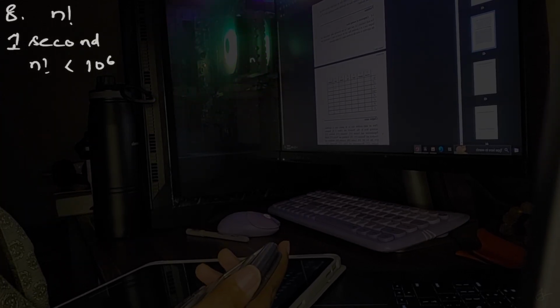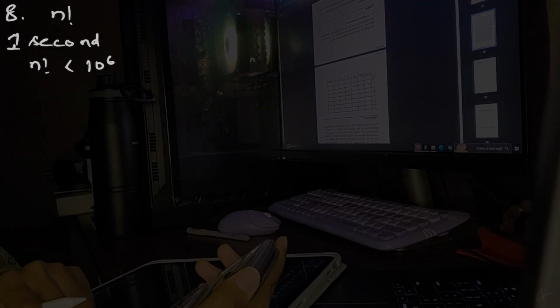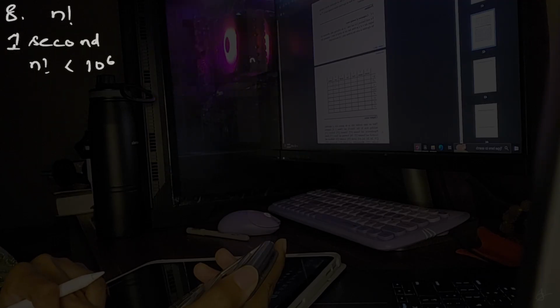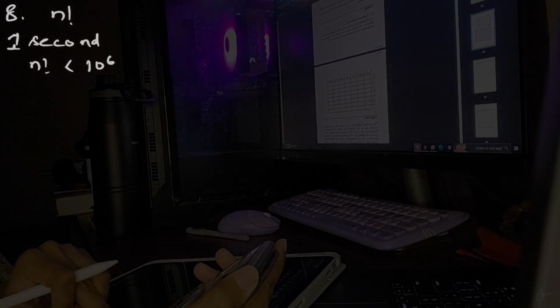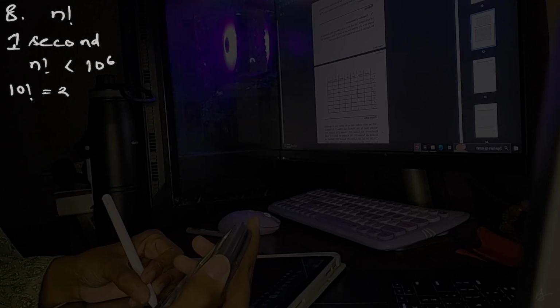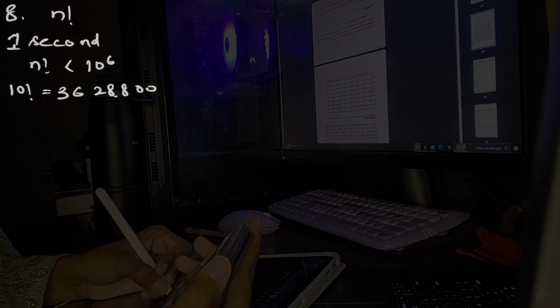Okay, so let's say 10 factorial. 10 into 9 into 8 into 7 into 6. 10 factorial is 3628800. Okay, this is greater, so obviously this does not suffice.